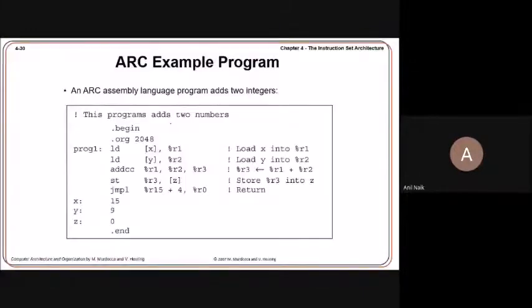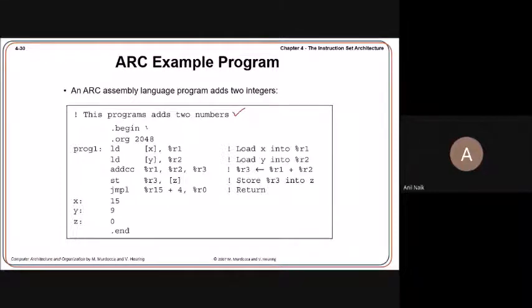For example, I will show one here. This program adds two numbers. This is a simple ARC assembly program, the ARC processor being RISC type. Here we are not discussing the programs in detail, we are just understanding the instructions and their operations.